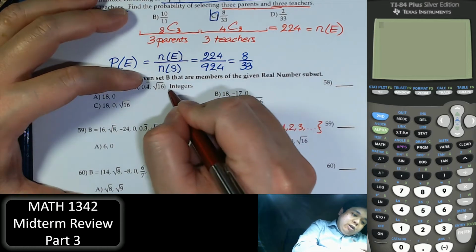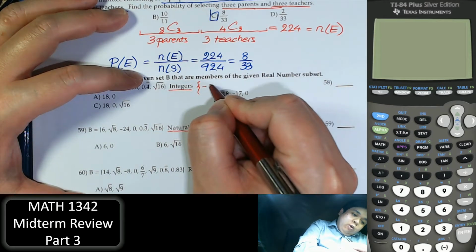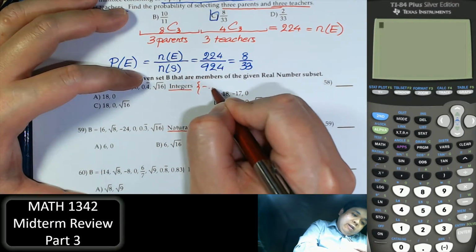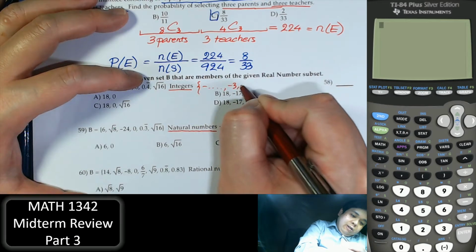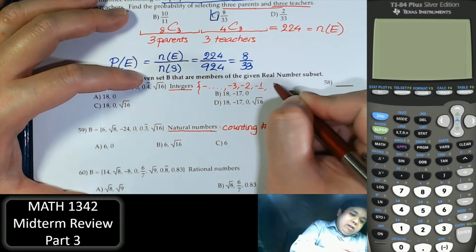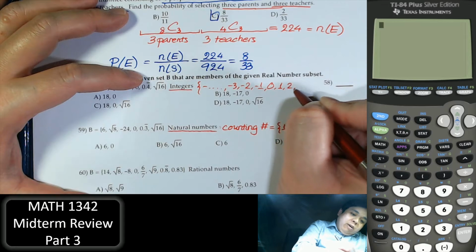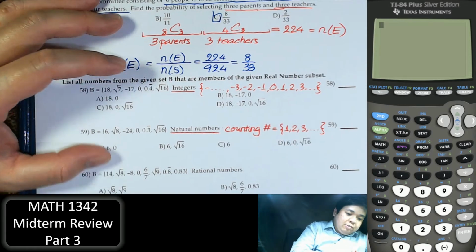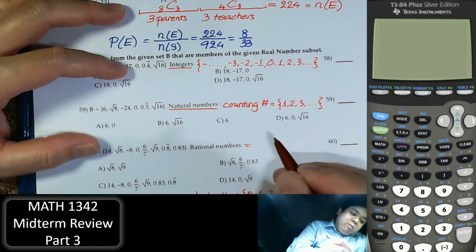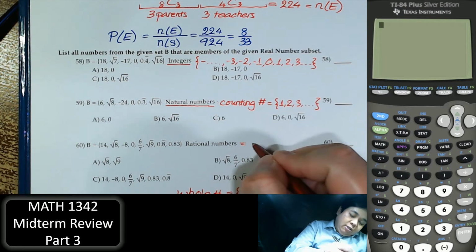Integers will have all the negatives, whole numbers, and the whole number itself. And rational numbers, pretty much anything that can be put in fraction.